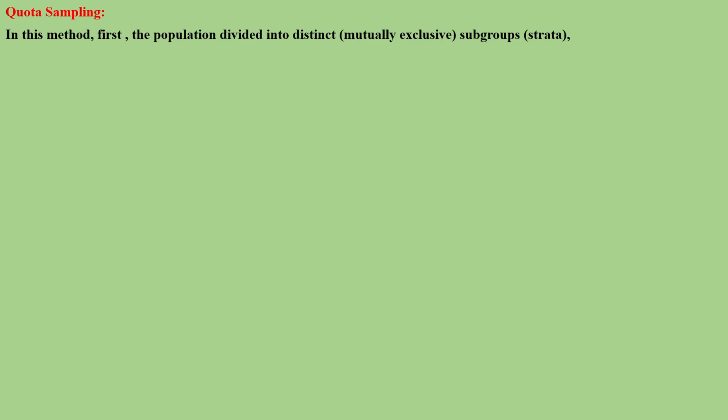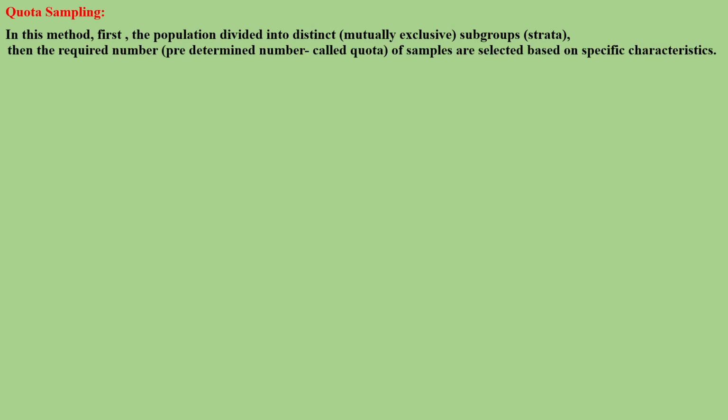Next, quota sampling. In this method, first the population is divided into strata, distinct groups. Then the required number, predetermined number, so if you want 10 people or 20 people or 50 people, that predetermined number of samples is selected based on specific characteristics.